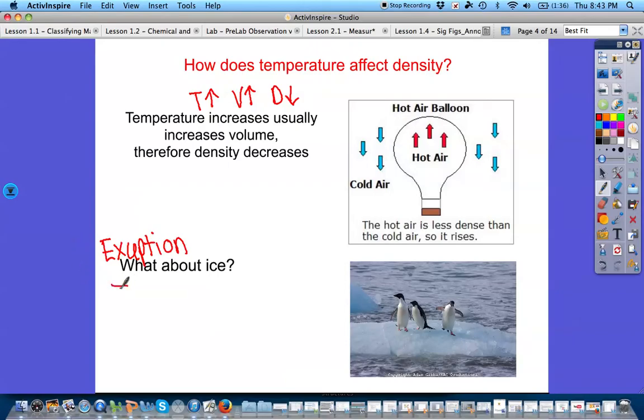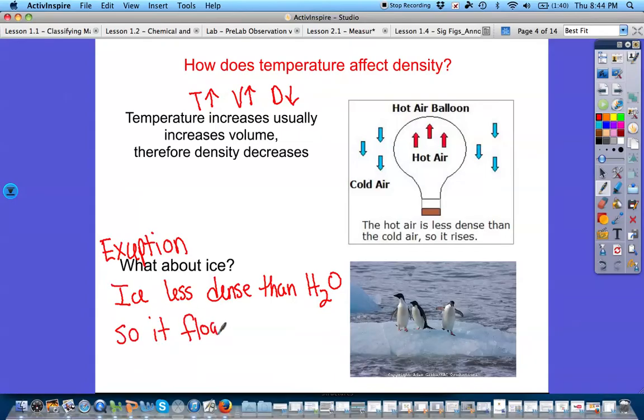So ice is less dense than water, so it floats. This is one of the only solids that is less dense than the liquid it is made out of.